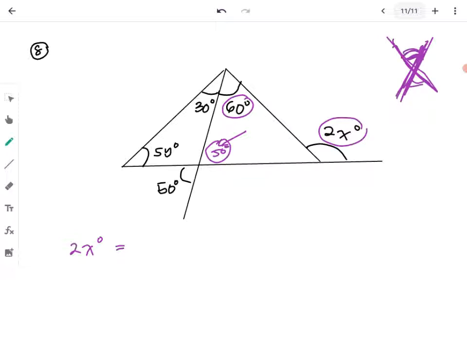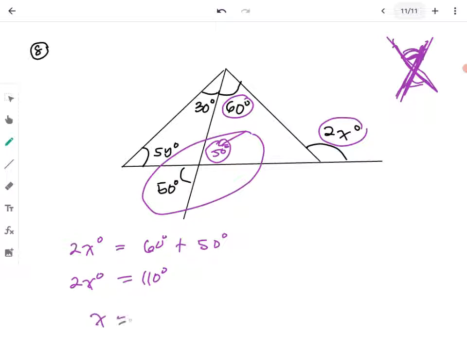So we say that 2x degrees is 60 degrees plus the 50 degrees. Remember this principle here, vertical angles. From that, we can solve for x. We have 110 degrees. Therefore, x, dividing by 2, is 55. Okay, x is 55.